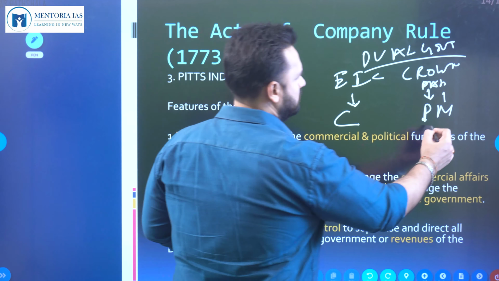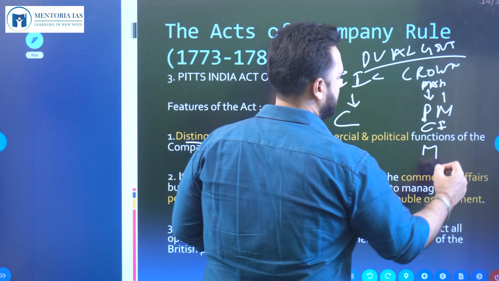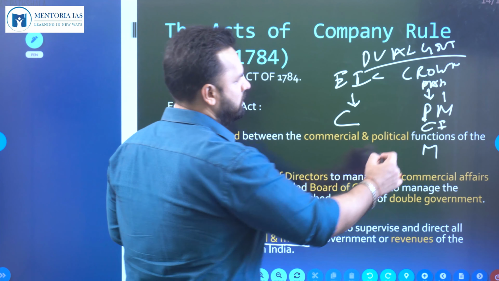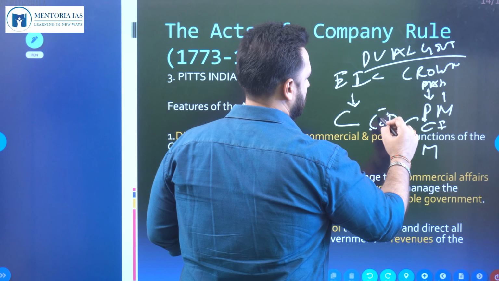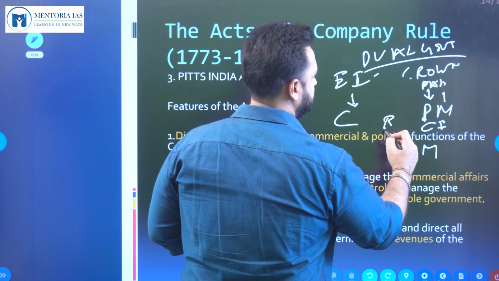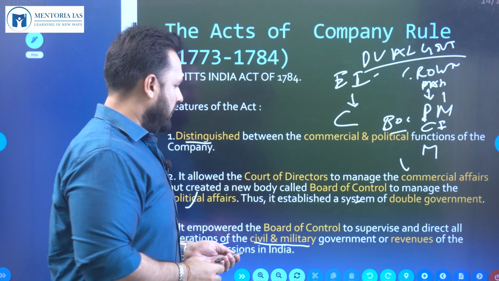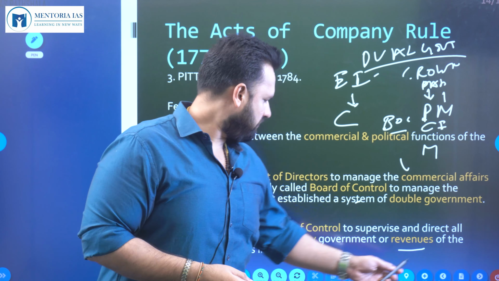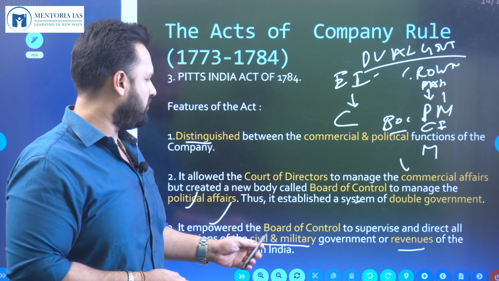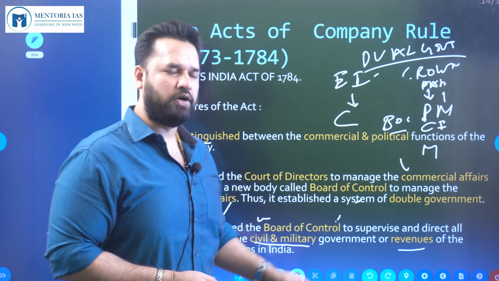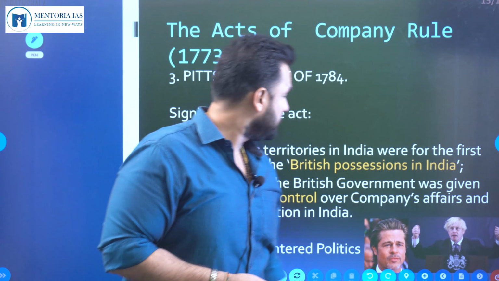Political, civil and military, all these were given to the Board of Control. Okay, and then revenues of the British possessions in India were also given to this special empowered committee that is called Board of Control. It controls the show.